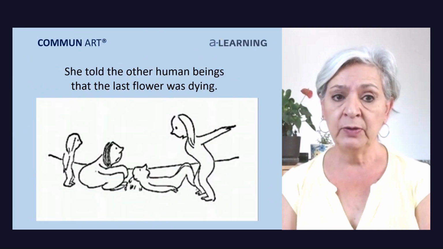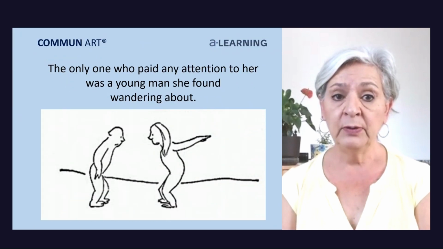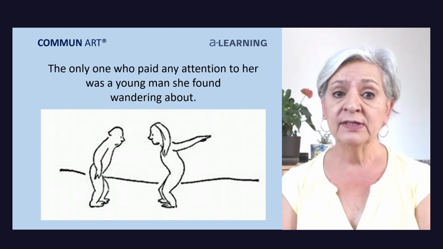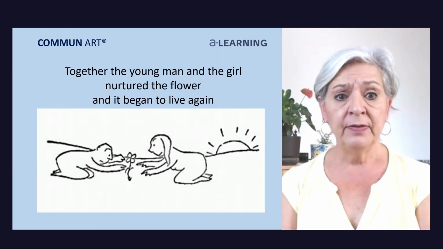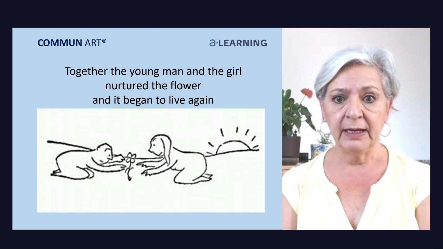She told the other human beings that the last flower was dying. The only one who paid attention to her was a young man she found wandering about. Together, the young man and the girl nurtured the flower, and it began to live again.